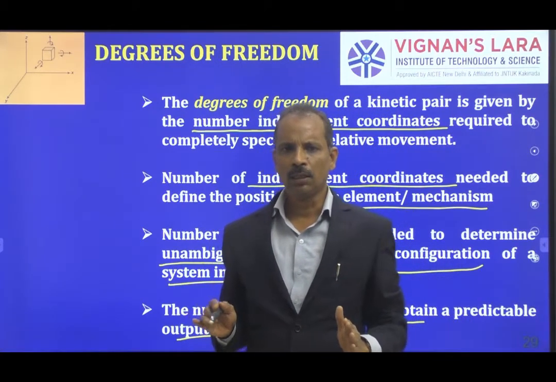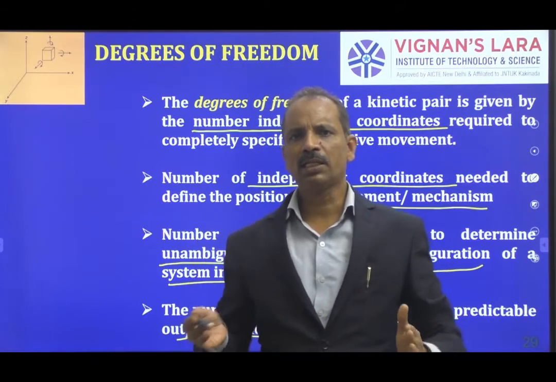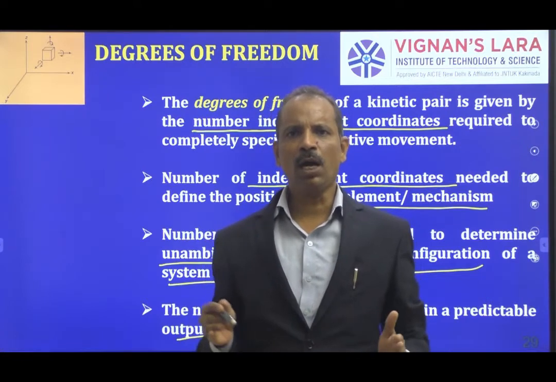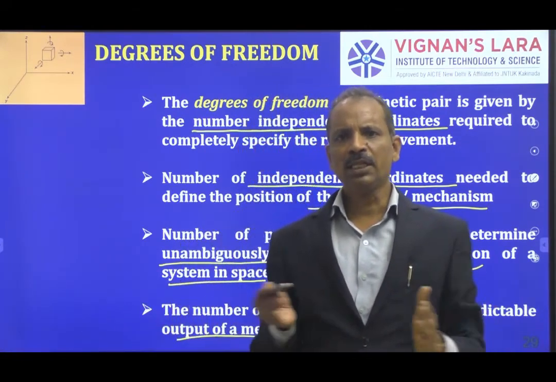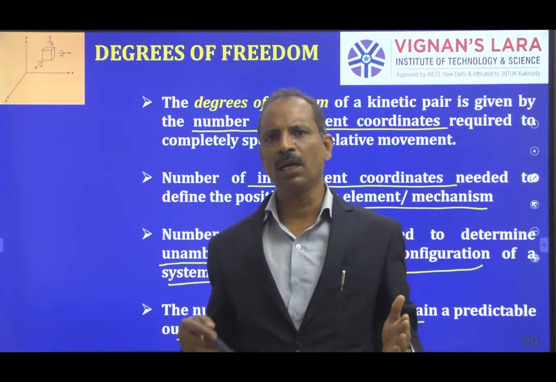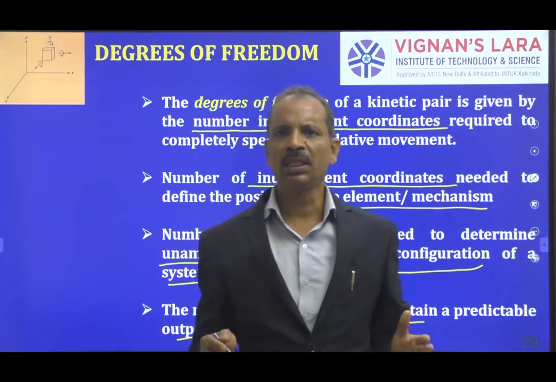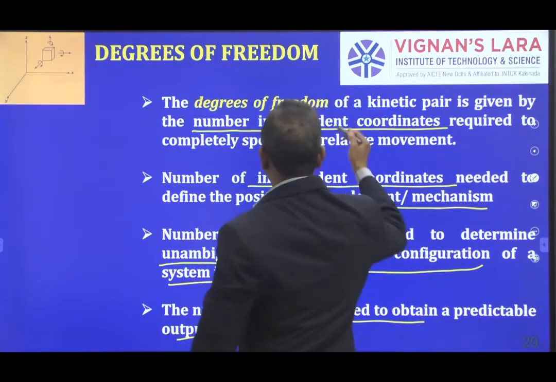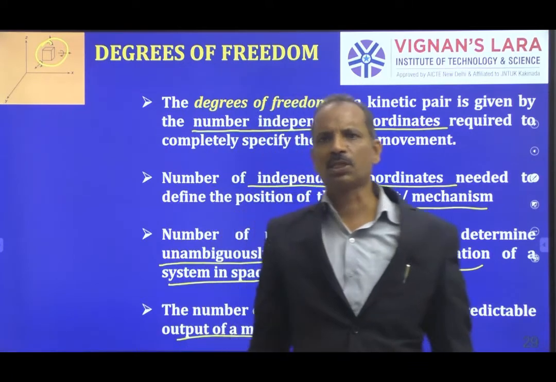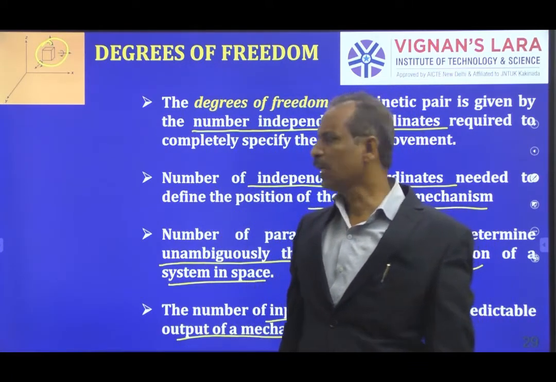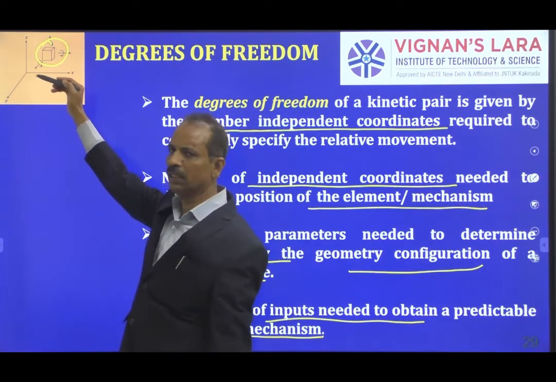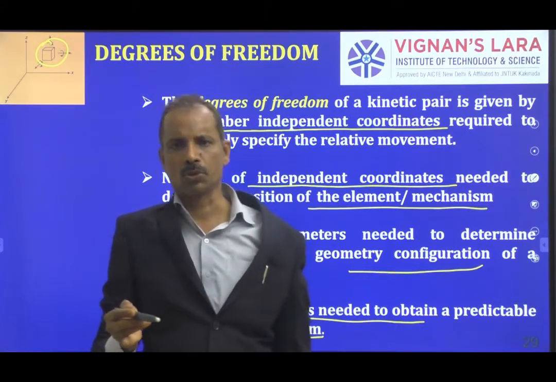Now you can think of realistic cases, like there is a star in space. This star can move in any direction x, y, z, and it can roll about x, y, z. So that is having 6 degrees of freedom. For the time being, assume this is a star. And by preventing this in different ways, the degrees of freedom is going to be reduced.